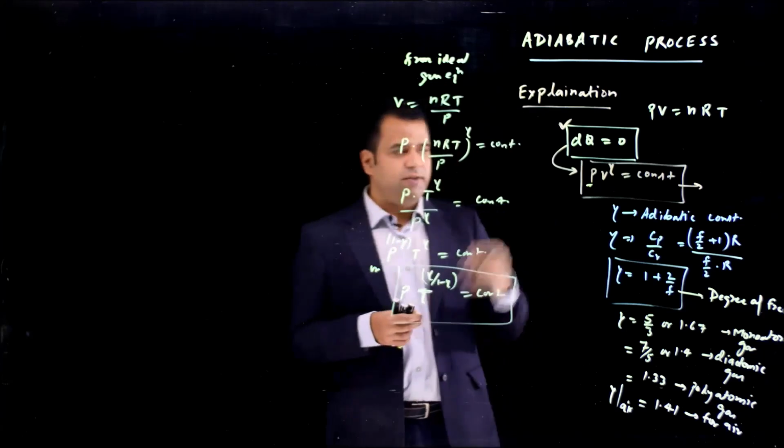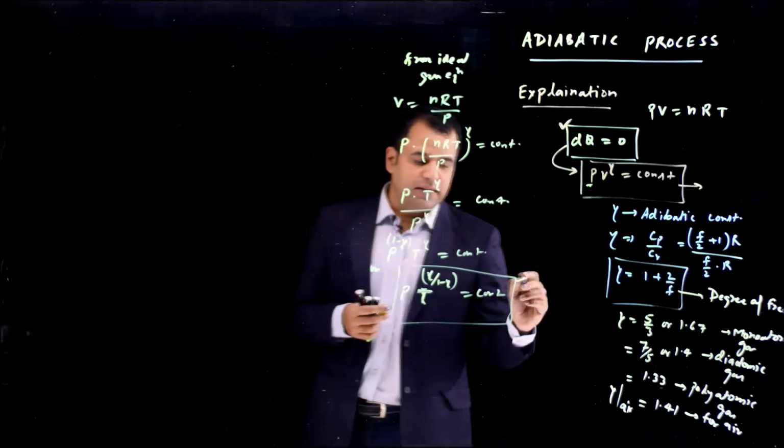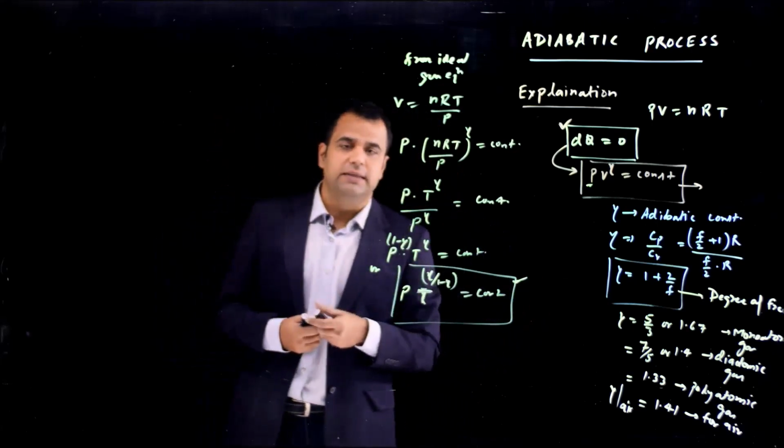And if you want to convert this equation in terms of V and T, we have to replace the value of P. This was in terms of PV. This is also an adiabatic equation, but in terms of P and T as variables. So let's replace P this time.